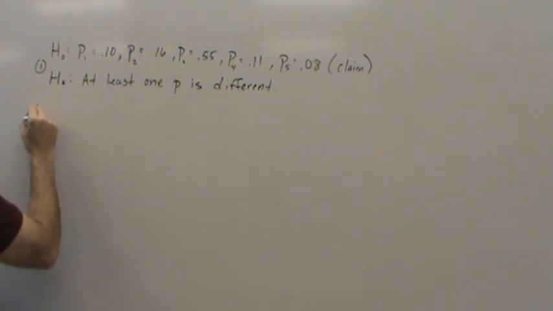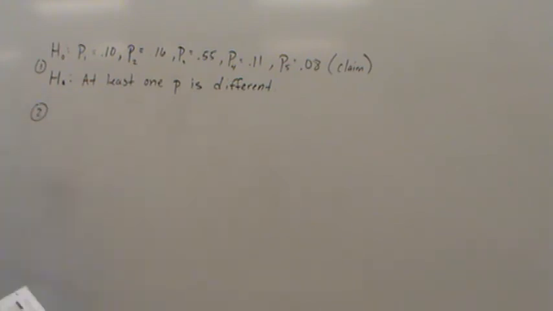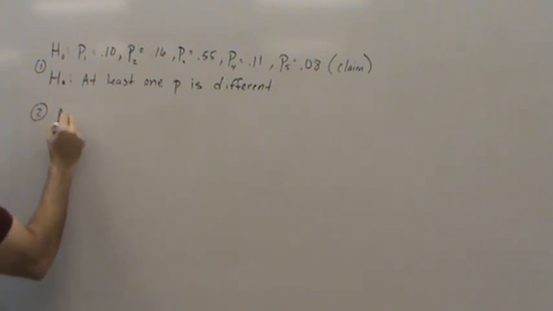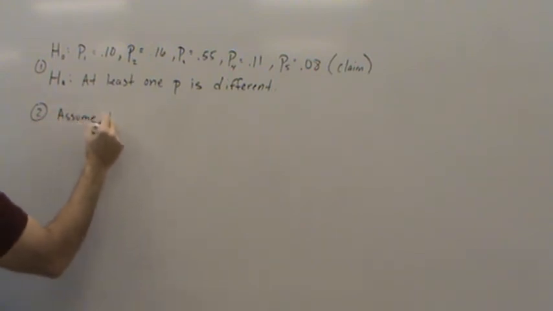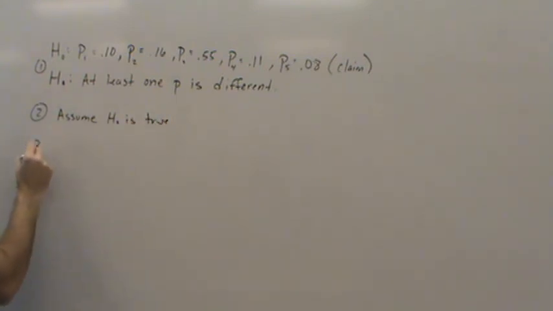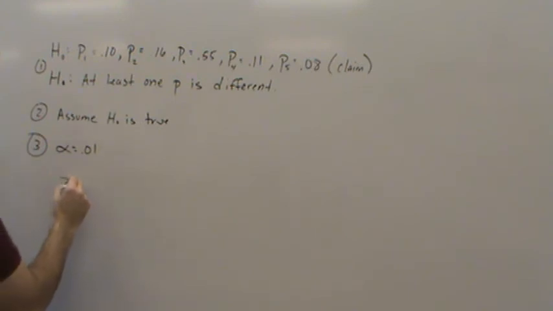And step 2, of course, is going to be, we're going to assume that it does fit. So assume the null is true. And then under that assumption, we're going to do our test. And so now here, alpha is 0.01. And now I'm going to write my table again, right? So I'm going to write my table of categories.